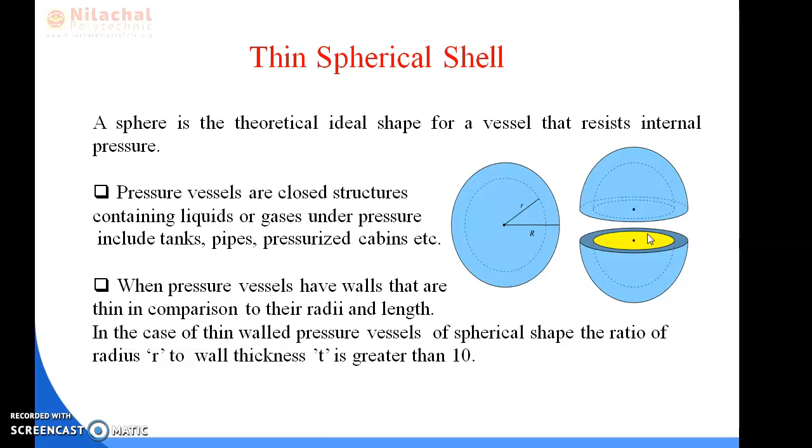These spherical shells are the theoretical ideal shape for a vessel that resists the internal pressure of fluid. The pressure vessels are closed structures containing liquids or gases under pressure.